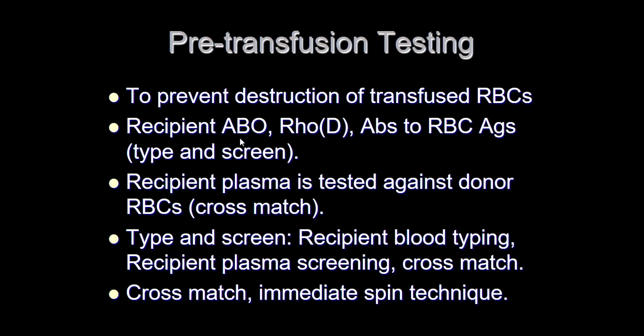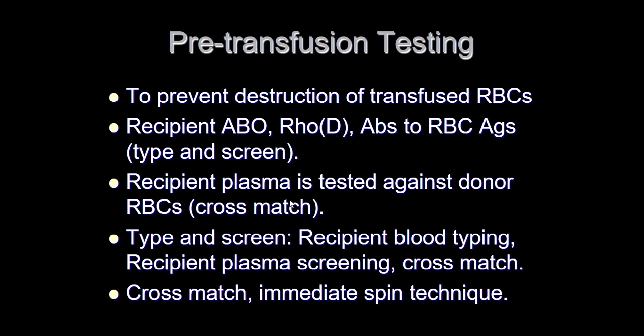So the recipient, we do the ABO blood group antigen and the Rh at the same time, and antibodies to red blood cell antigens, the type and screen. Then we add the antibodies against the red blood cell antigens. This is what we call type and screen.